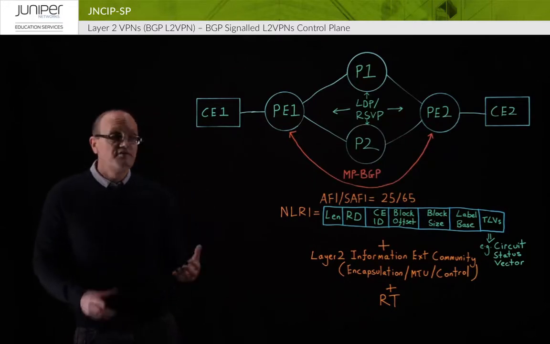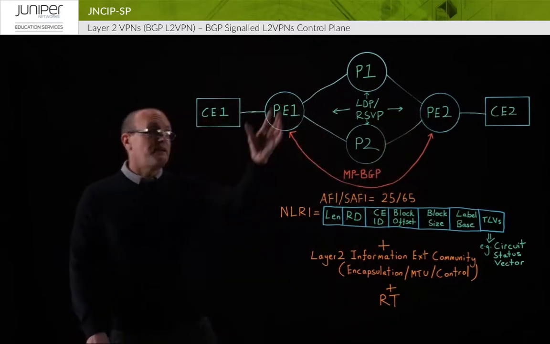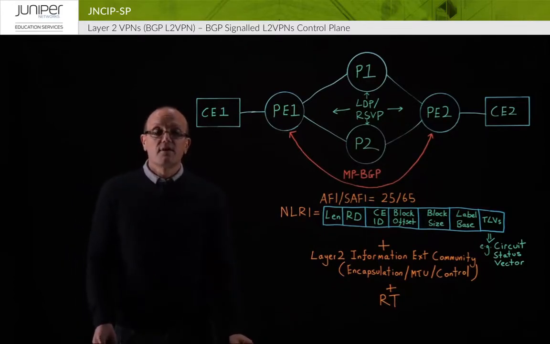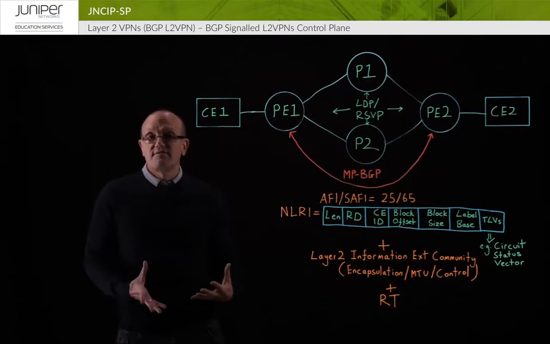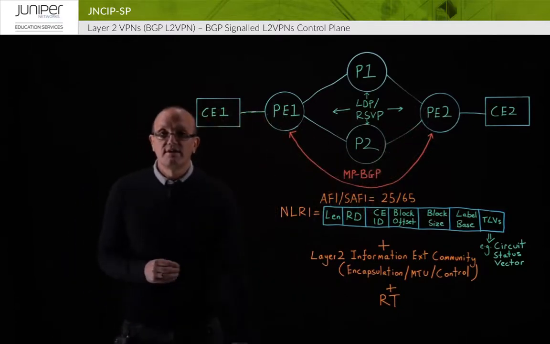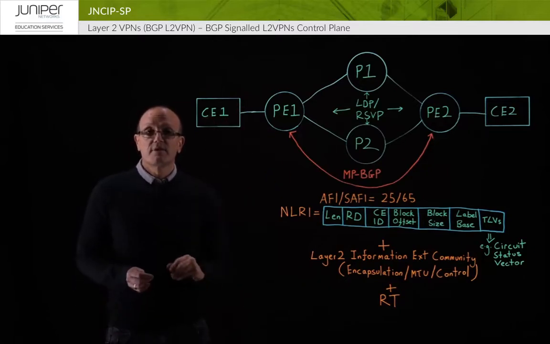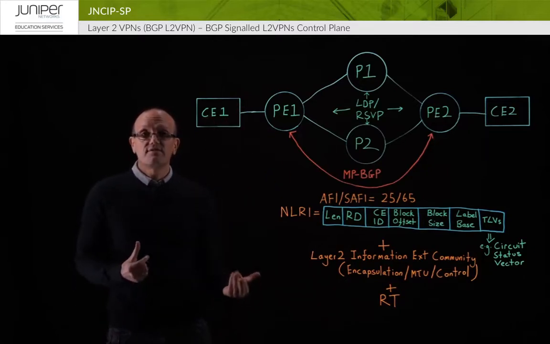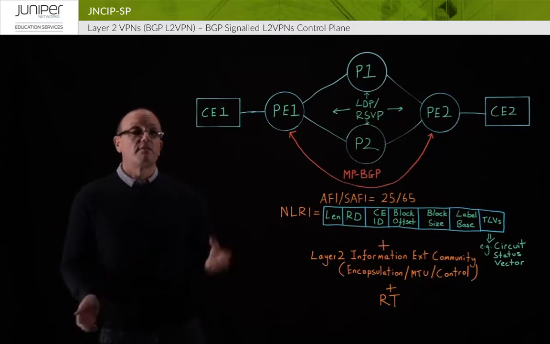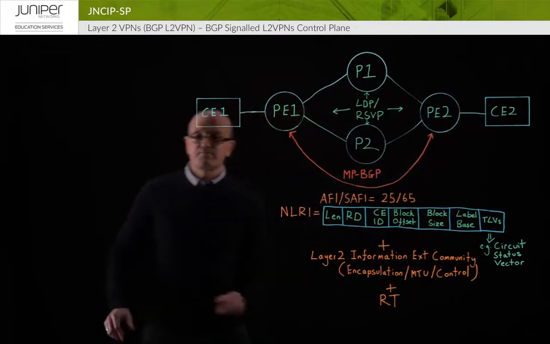We also have multi-protocol BGP running between our PE devices, or maybe via an intermediate route reflector. Again, much like Layer 3 VPNs, this is providing the signaling of the virtual assets that we're providing to the customer. In the case of Layer 2 VPNs, it's providing the signaling that's facilitating the establishment of our virtual circuits, of our point-to-point links.